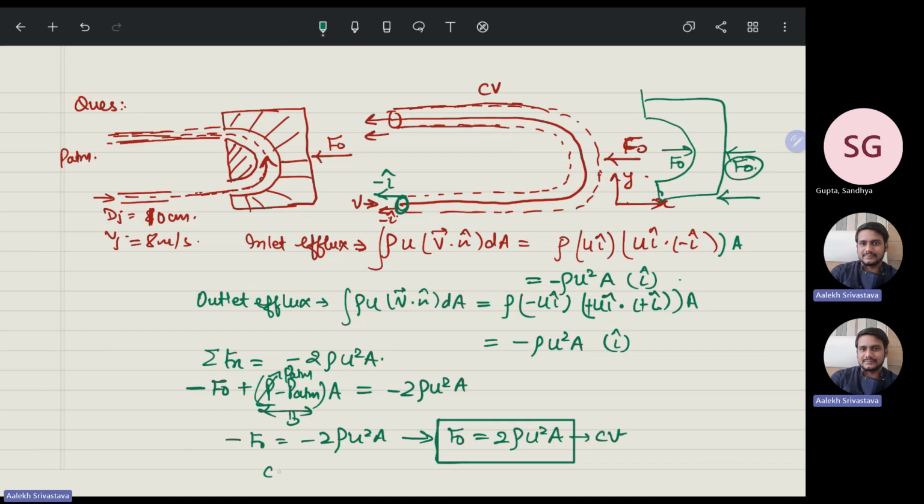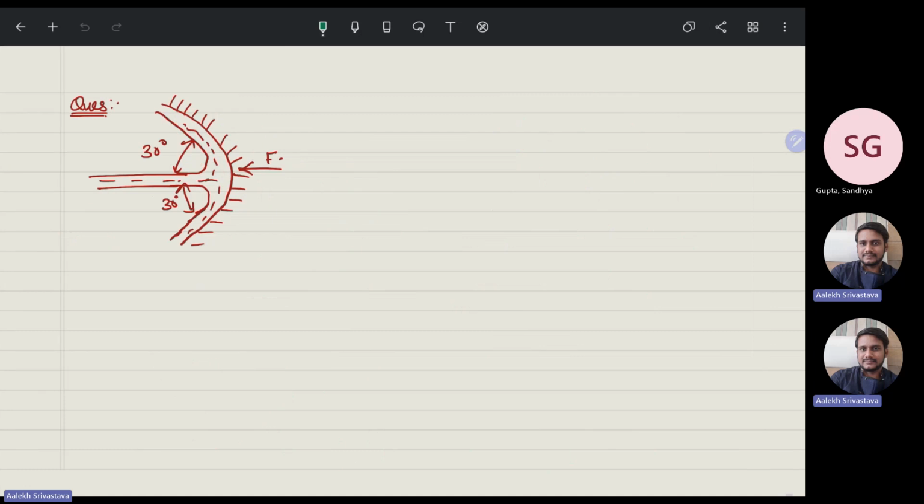Now the control volume exerts force in the right hand side direction, and again you need to apply in the left hand side direction. So in this way this problem is solved.